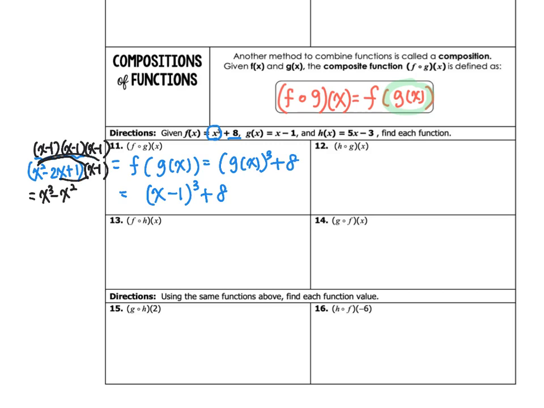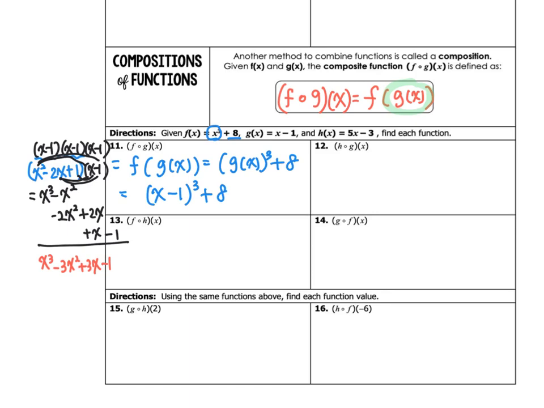The next term will give me negative 2x squared and positive 2x, and the last one will give me positive x and negative 1. All right, so for the final, combine the like terms, I'm going to have x cubed minus 3x squared plus 3x minus 1.